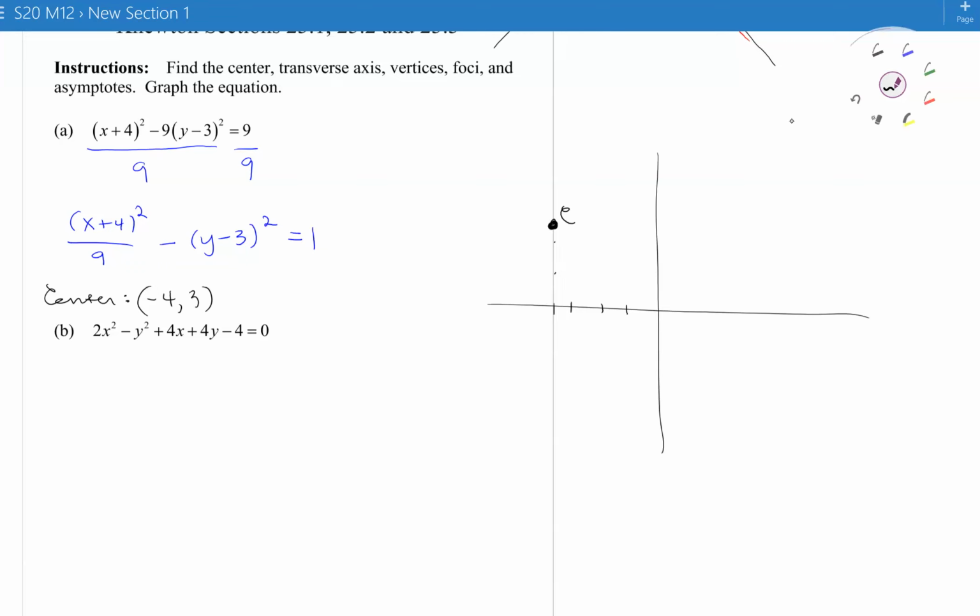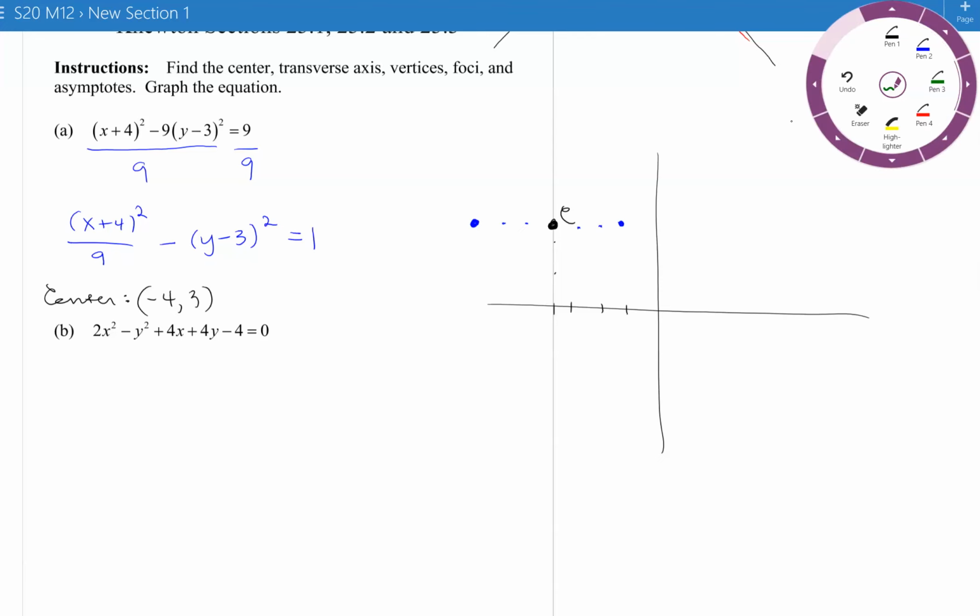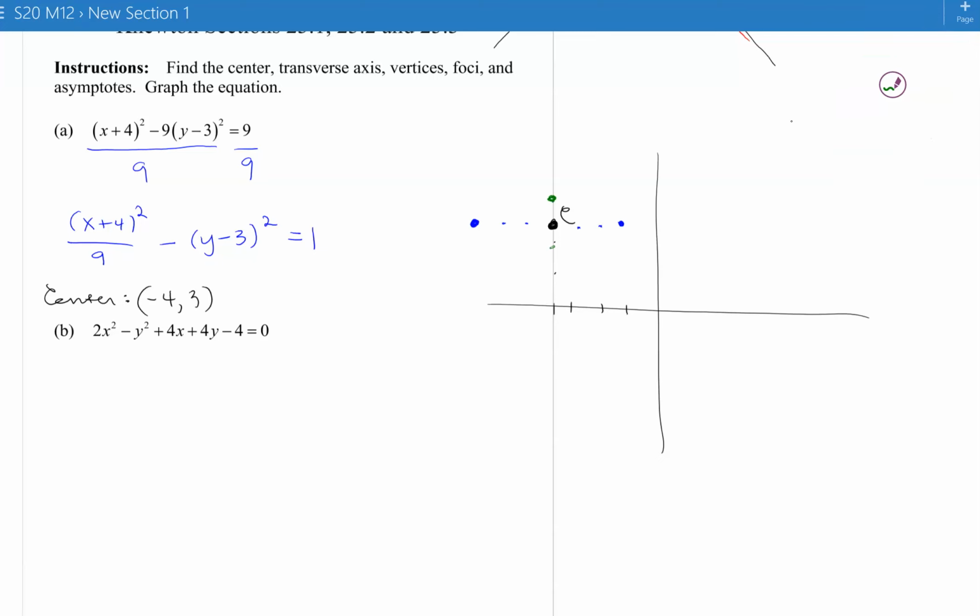In the x direction, I'm going to go 1, 2, 3 to the right, and 1, 2, 3 to the left. And then in the y direction, I'm going to go up 1 and down 1. And that helps me make my rectangular box.